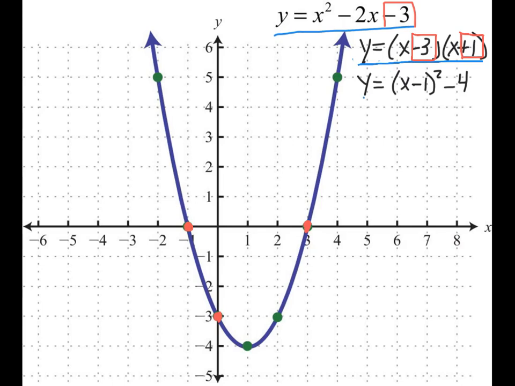And in our vertex form, you might recall, the form is x minus h quantity squared plus k. The minus in that tells us that whatever the number is in here, h is actually the opposite sign.